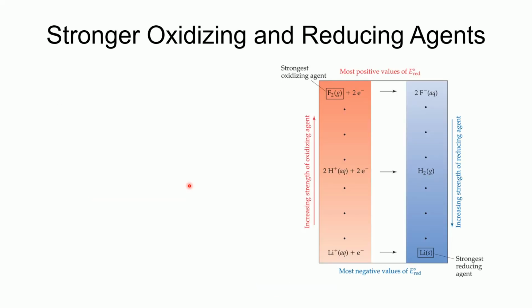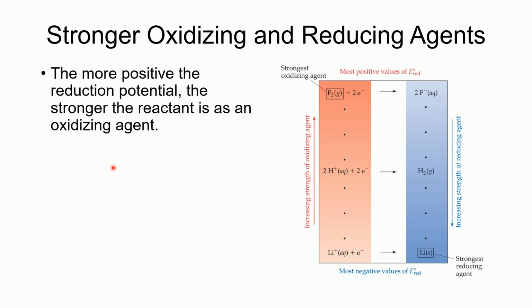All right. So next, we're going to look at which is the stronger oxidizing agent and which is the stronger reducing agent. Here is how this works. The more positive the reduction potential, the stronger the reactant is as an oxidizing agent.